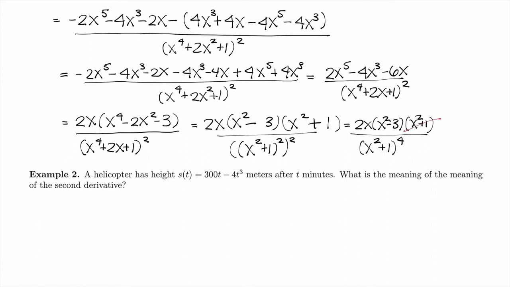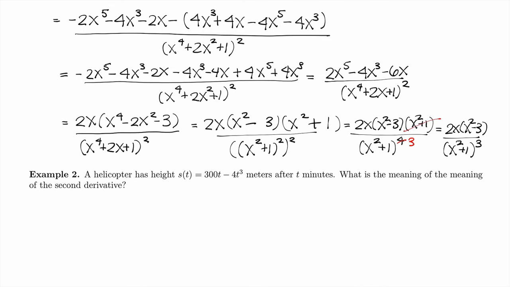And then I can cancel one of these and I'll get a cube. So this is our second derivative, 2x times x squared minus 3 divided by x squared plus 1 cubed. Okay, so this is our second derivative for that function.